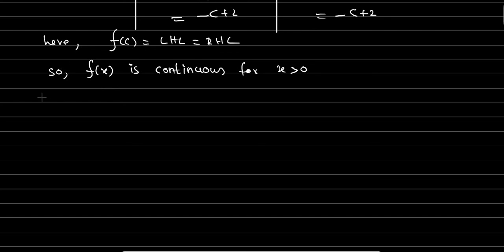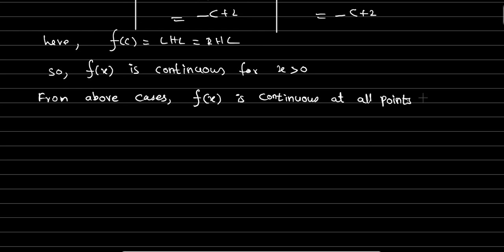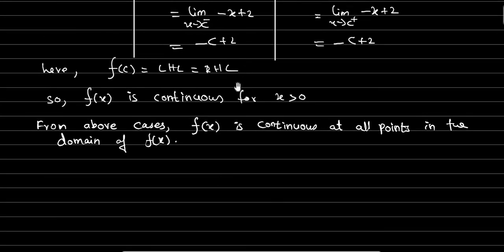So we can write: from the above cases, f of x is continuous at all points in the domain of the function, the domain of f of x. Okay, for the given domain the function is continuous.